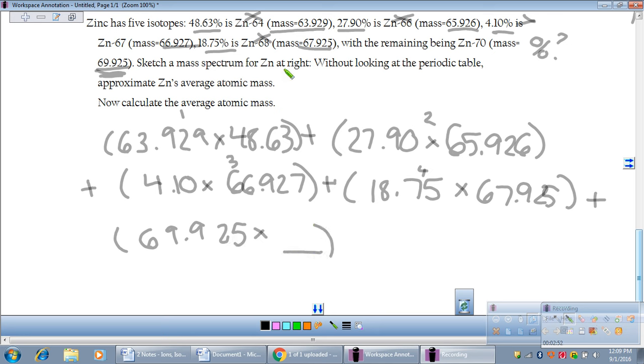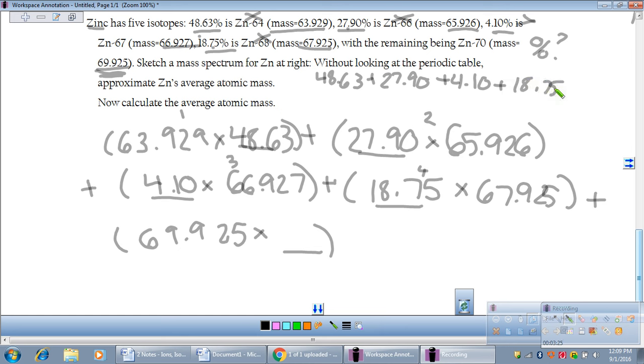Remember, this is all the isotopes that we have for zinc. So if we have 100% of the isotopes, which we do, each of these percent abundances must add up to 100. We're going to take these 4 percentages and add them up. 48.63 plus 27.90 plus 4.10 plus 18.75.